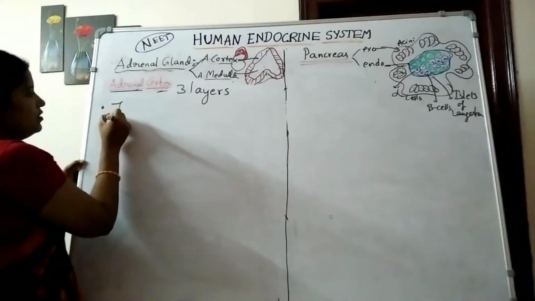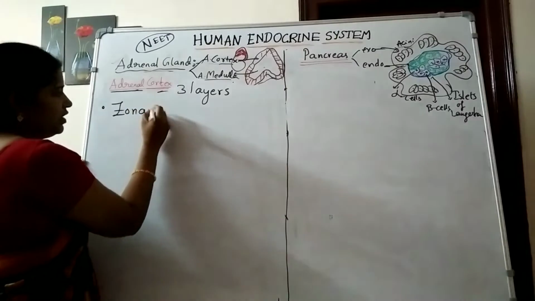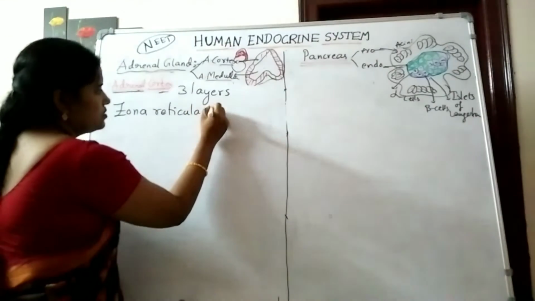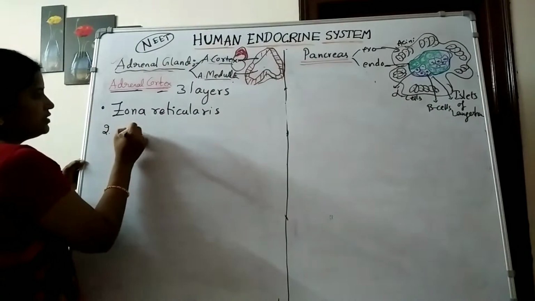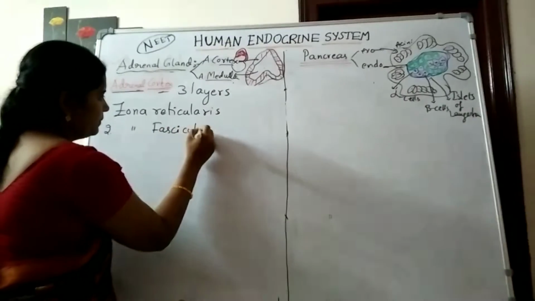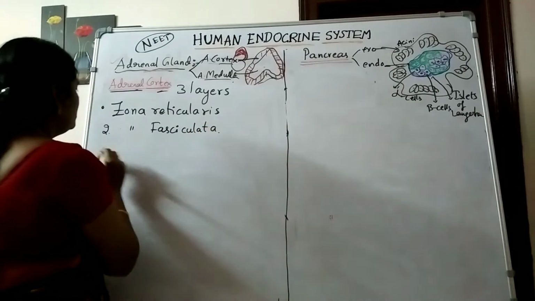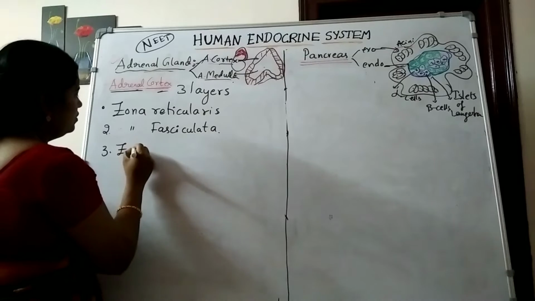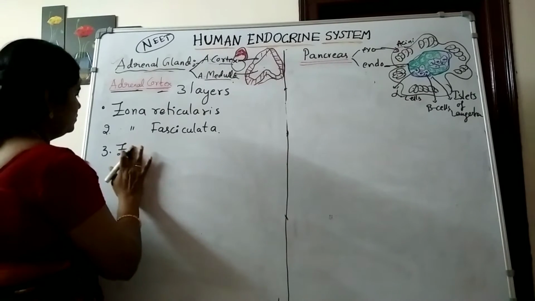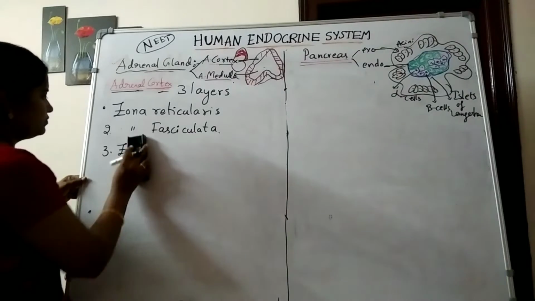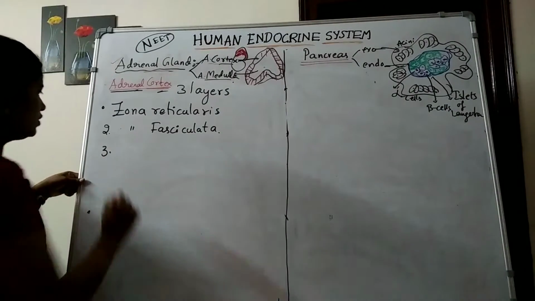We'll see. Zona reticularis, and the second one is the zona fasciculata, and the third one is zona glomerulosa.